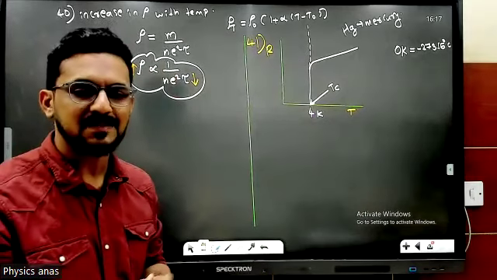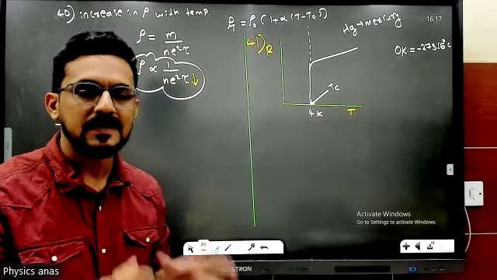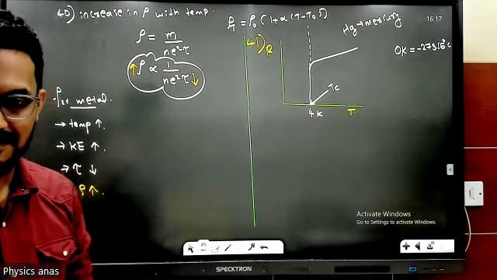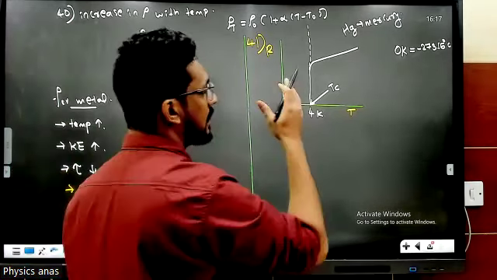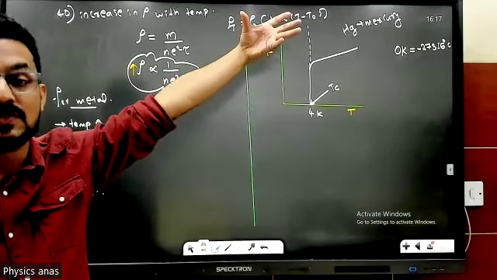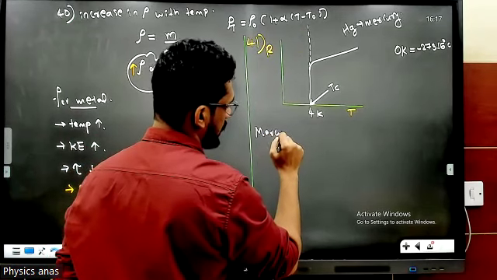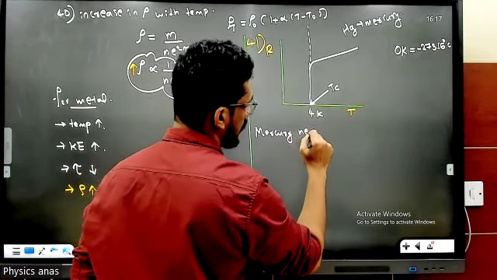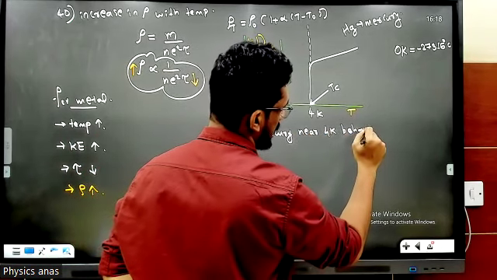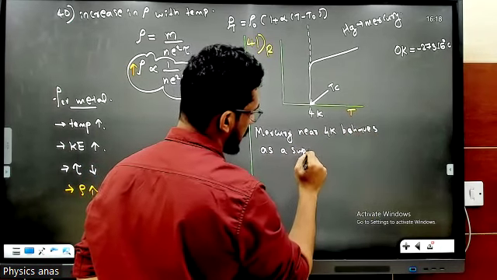What does 0 resistance mean? Zero resistance means you can now call it a superconductor. Now the Hg or mercury near 4K behaves as a superconductor. You can write it like that: mercury near 4K behaves as a superconductor.